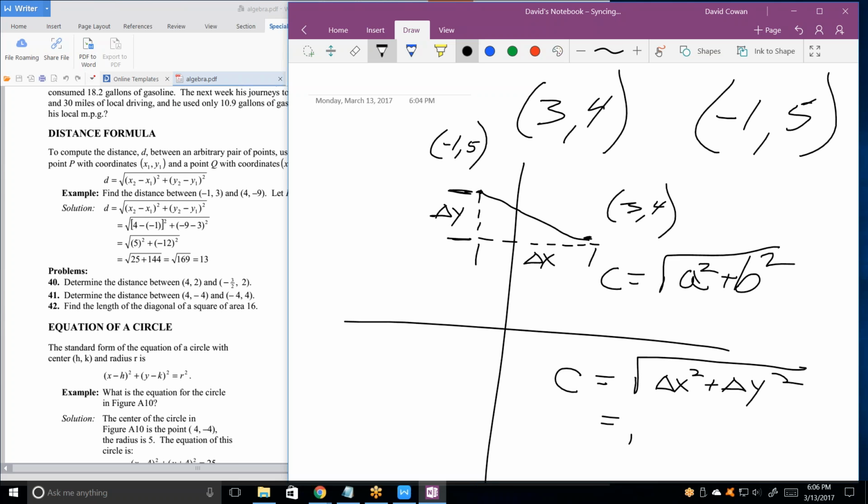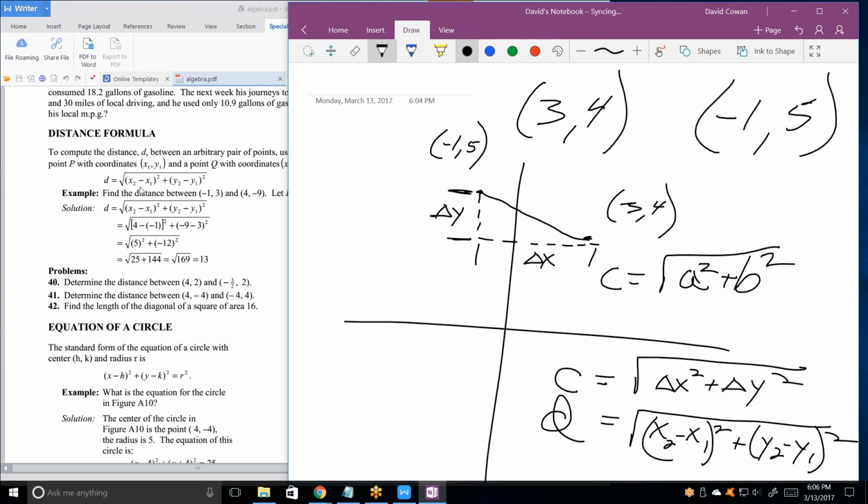And what is delta x? It's x sub 2 minus x sub 1. And what is delta y? It's y sub 2 minus y sub 1 squared. So that's the distance formula, and you got to memorize it somehow.